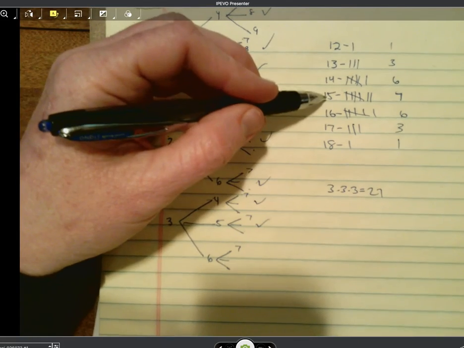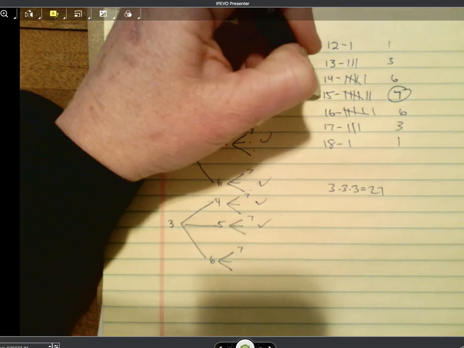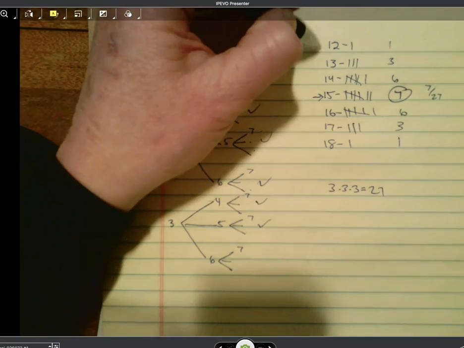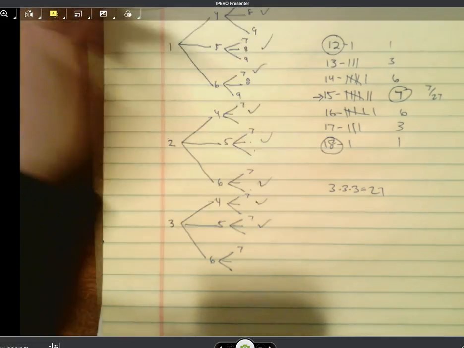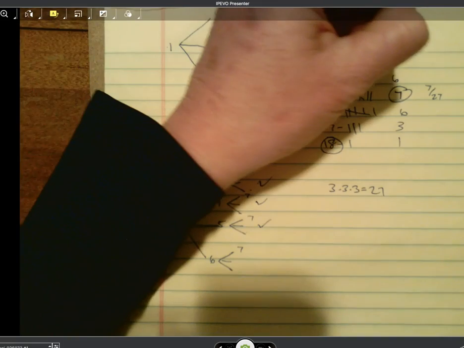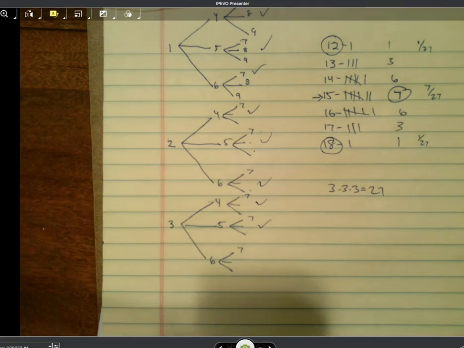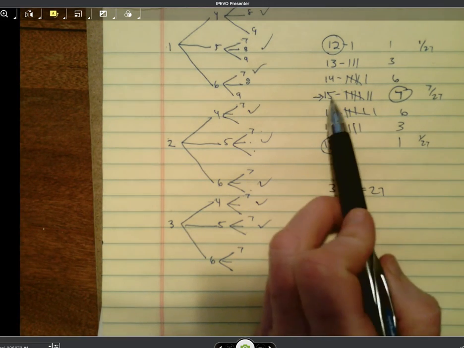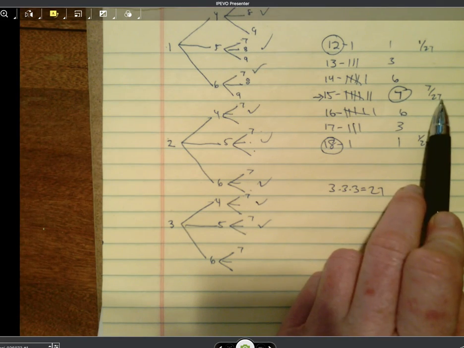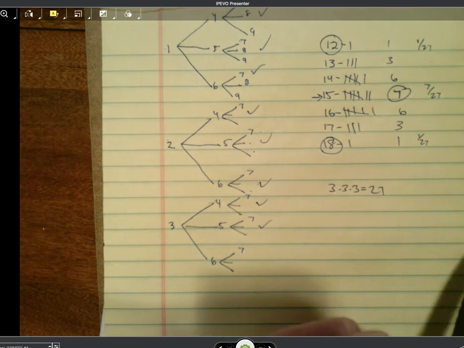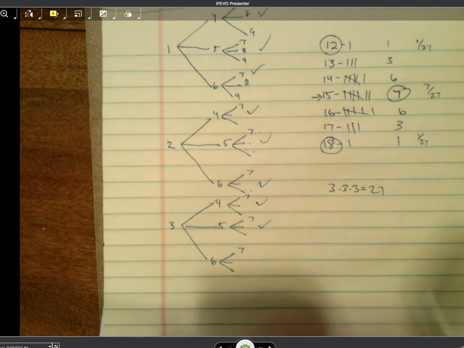So it looks like 15 is most likely with 7 out of 27, and 12 and 18 are least likely with 1 out of 27. And that would be your explanation. The most likely is the number 15, 7 out of 27 occurrences. The least likely options are 12 and 18. Both have just 1 out of 27 occurrences.